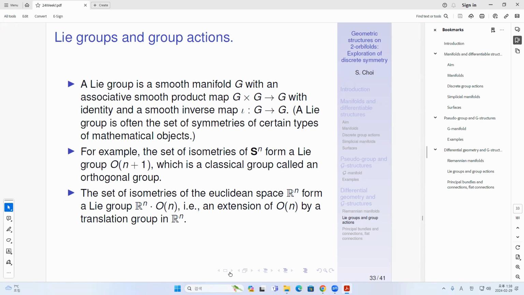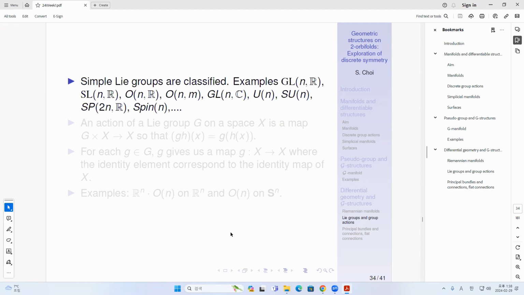Simple Lie groups are classified. The simple ones are those where the natural bilinear form is non-degenerate, or which don't decompose.